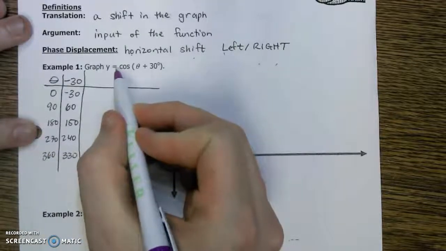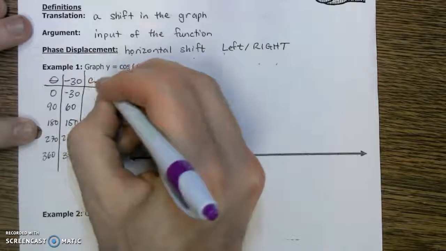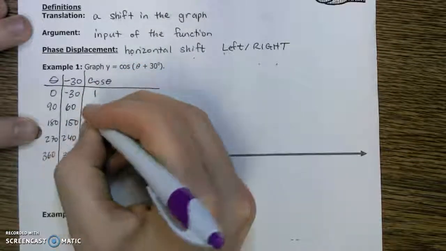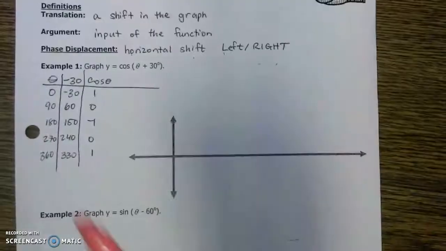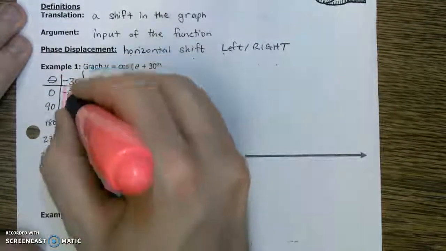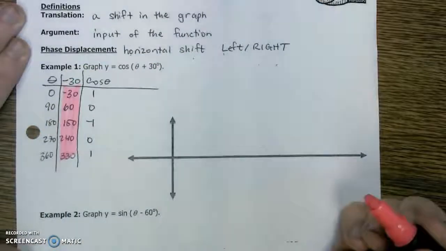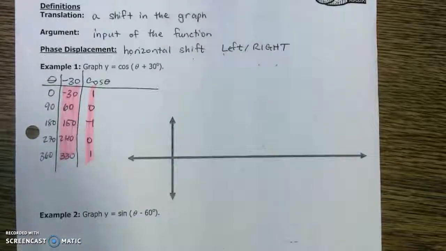Cosine, there's no numbers in front, so those cosine values are the same as they always are. 1, 0, negative 1, 0, 1. So when we graph this, the x values or the theta values are these that have been shifted left 30, and then the y values are the normal cosine values.